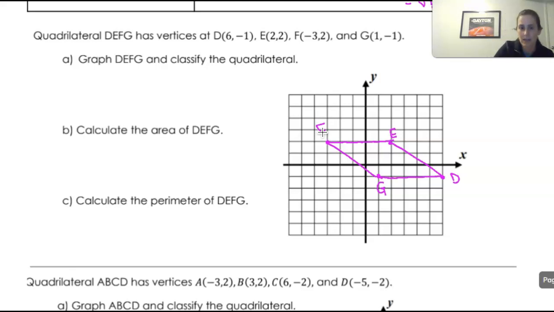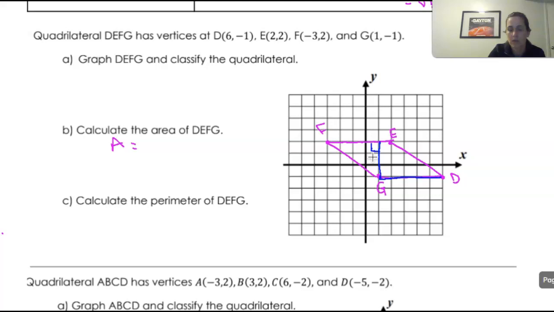First, we're going to go ahead and calculate the area of this figure, and the area would be base times height. So let's say I use base GD, and then I just have to have a perpendicular segment from somewhere on this base to the opposite vertex, or some sort of point on the base.